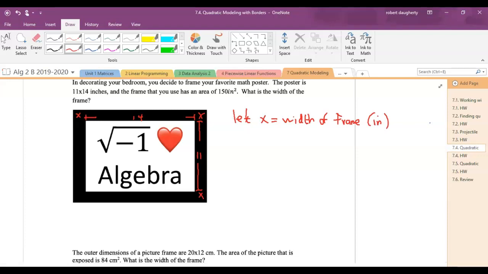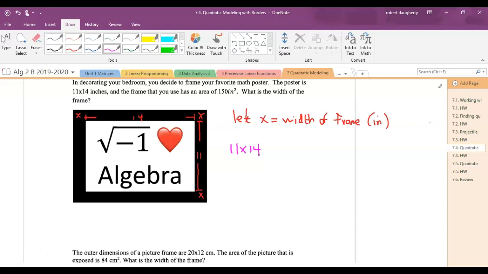And so at this point, I know that the area of this white portion plus the area of the black portion equals the total area. Okay. So the area of the white portion is what? How do you find the area of a poster that's 11 by 14?